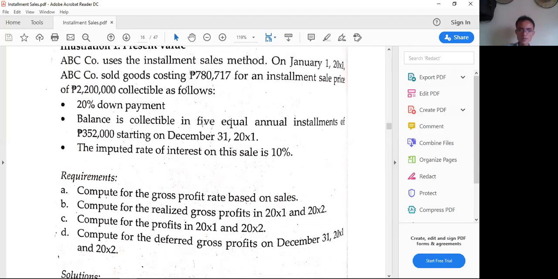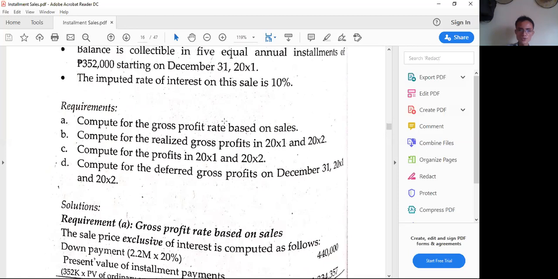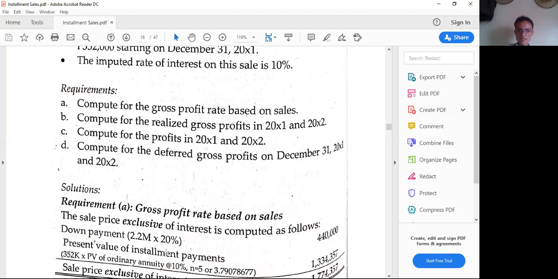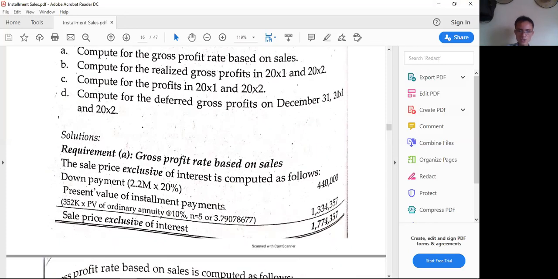Ordinary annuity of 1 because the first payment is to be made a year or a period after the transaction date. Transaction date is January 1, 20X1, and then the date after that, the first payment date or collection date in our case, because we're again the sellers here, so that is after a period, meaning that's going to be ordinary annuity.